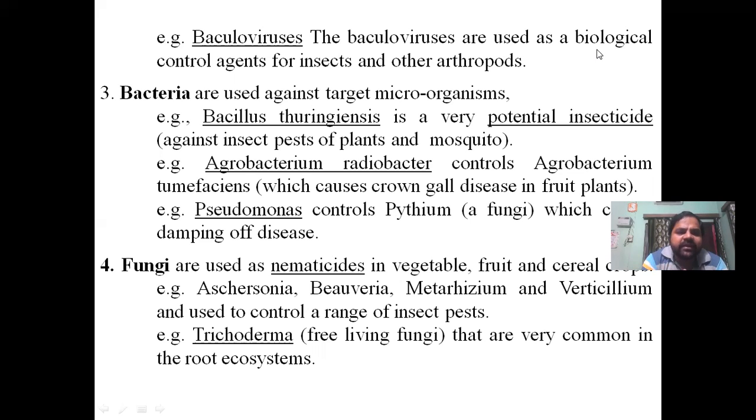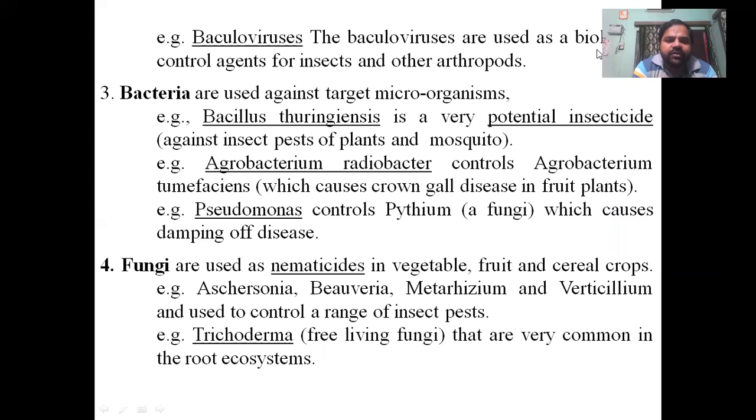The second example is Agrobacterium radiobacter, which controls Agrobacterium tumefaciens, which generally causes crown gall disease in fruit plants. The third example in bacteria is Pseudomonas, which controls Pythium, a fungus which causes damping off disease. So we can utilize bacteria as biocides.